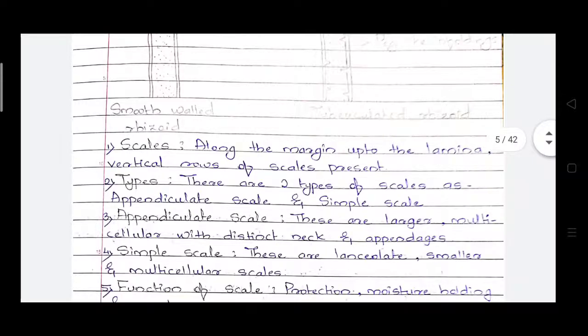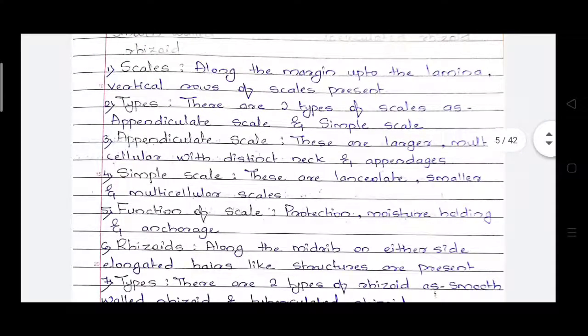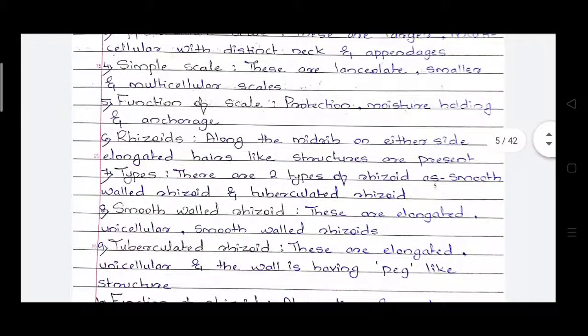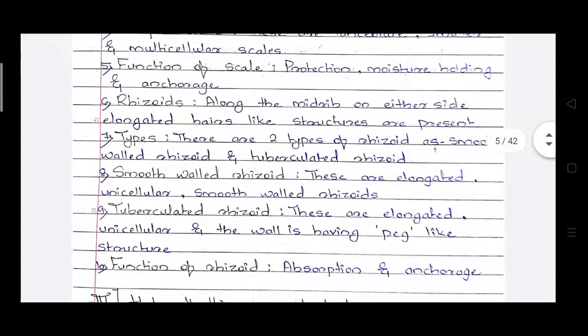The functions of the scales are protection, moisture holding, and anchorage of the thallus. So they ultimately protect the thallus and provide moisture to the thallus. And the functions of the rhizoids are absorption and anchorage.